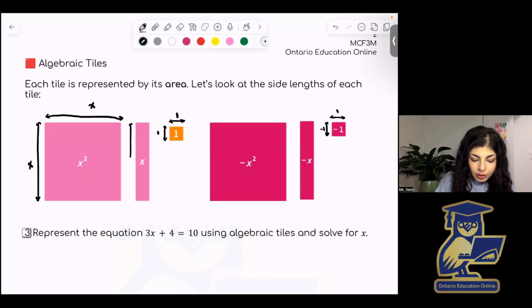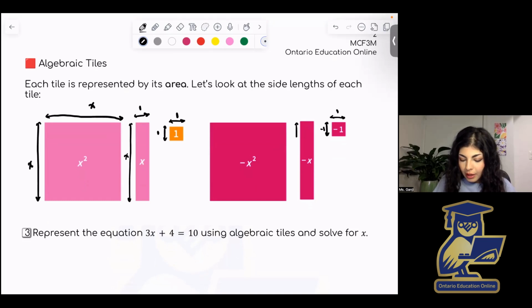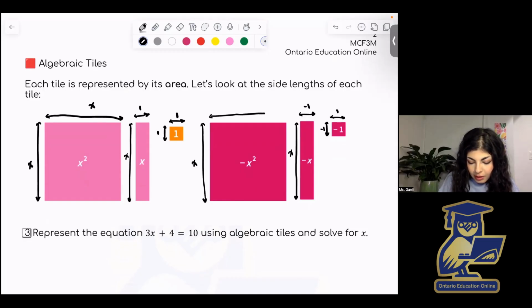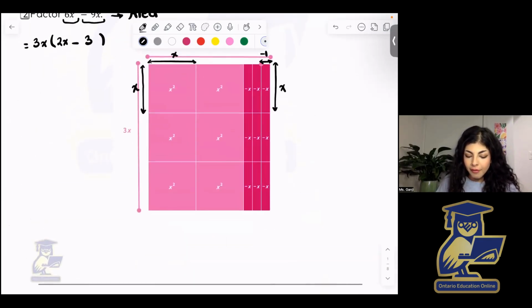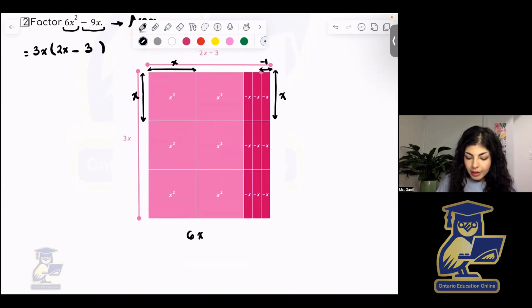And these rectangles are x by 1, or similarly, x and -1. And in this case, we also have x times -x. And so when we are representing the subtractions, we use the darker color, and we should be able to, for example, like here, see we have 6x squared minus 9x.